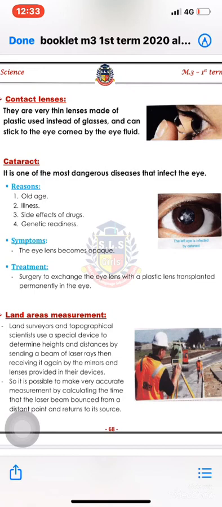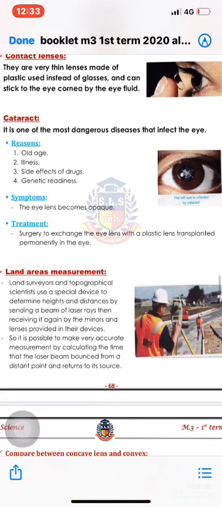Another topic: land area measurements. Land surveyors and topographical scientists use a special device to determine heights and distances by sending a beam of laser rays, then receiving it again by the mirrors and lenses provided in their devices. So topographical scientists use a special device to determine height or distance.